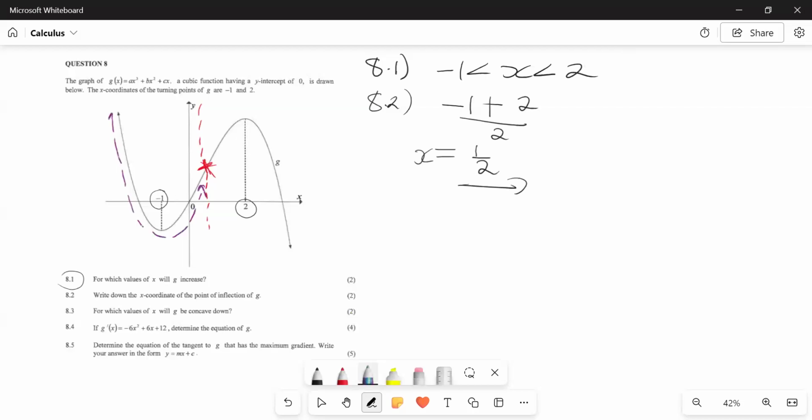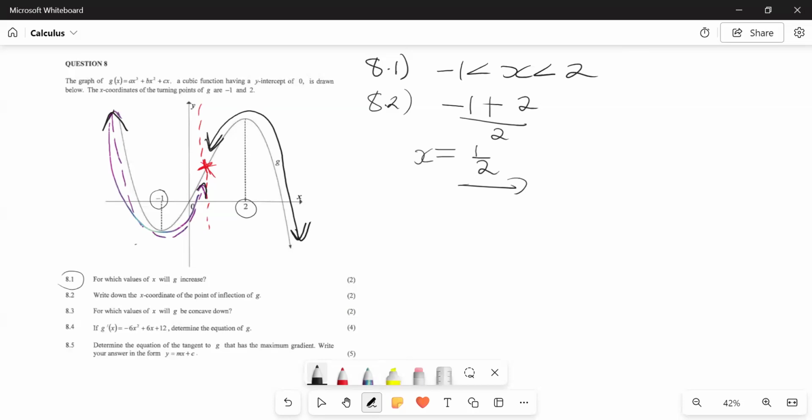I believe we can see the smiling face there. That's concave up. And then from there, we see the sad face, that's concave down.